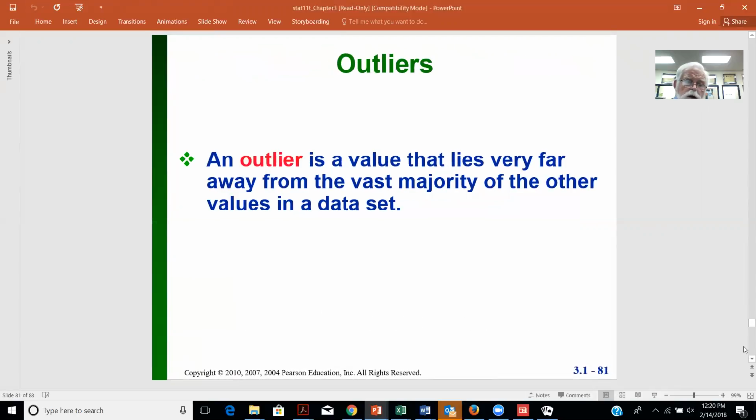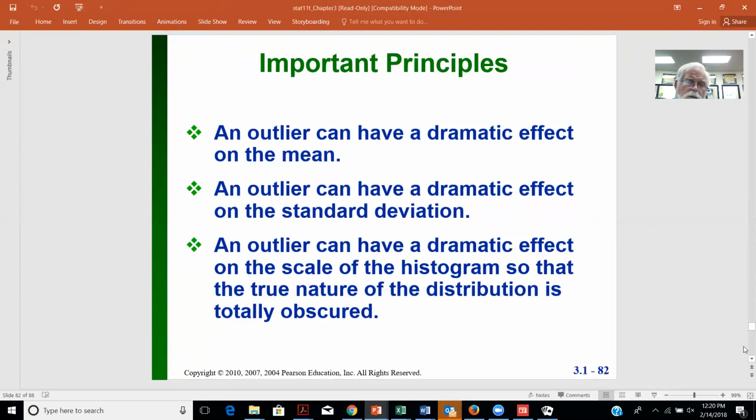We have outliers. We know that outliers can have an effect on the mean. They can also have an effect on the standard deviation, because they are part of the data set. Okay? Because we calculate a mean.